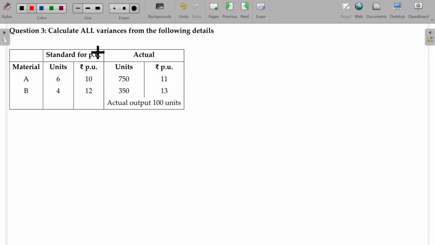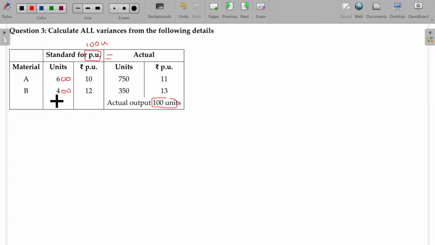In this case, this one is standard per unit, the actual output being for 100 units. So these two are not comparable. We need to know what is the standard for 100 units first of all. For 100 units, we are in need of 600 units of A and 400 units of B. Is that okay? Very simple.